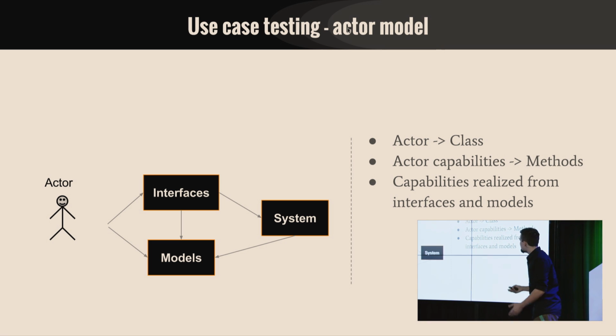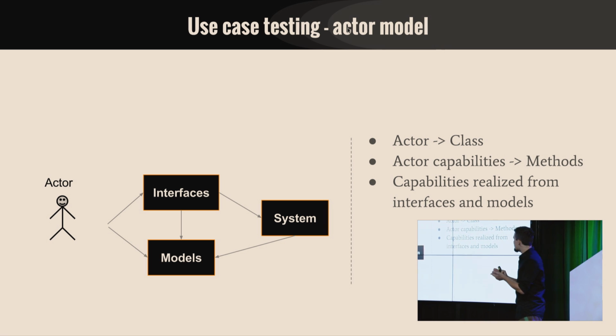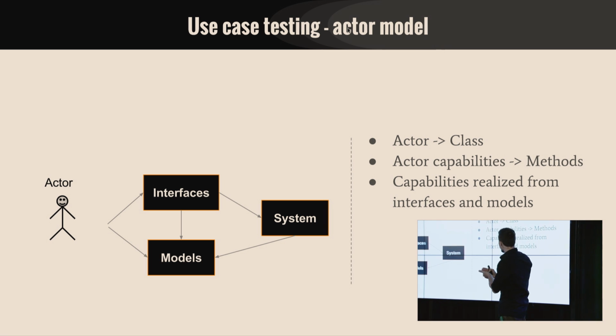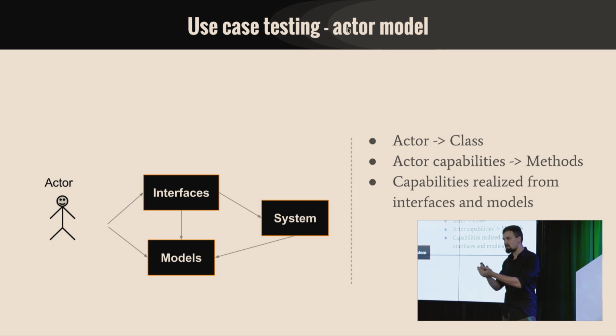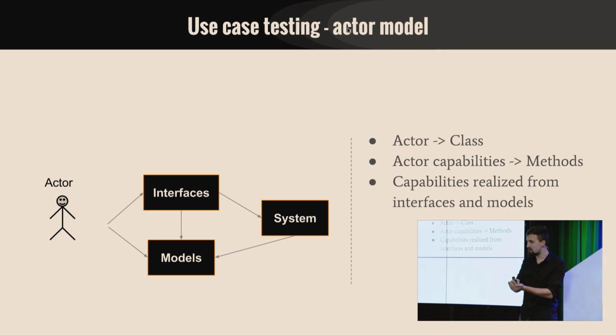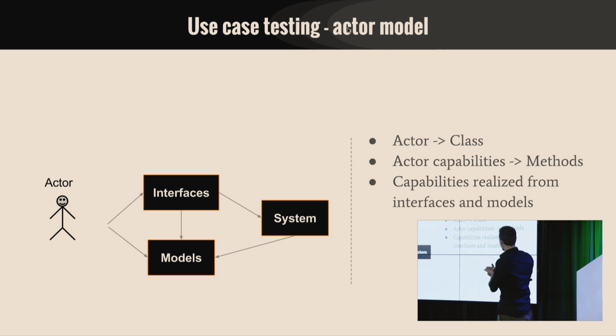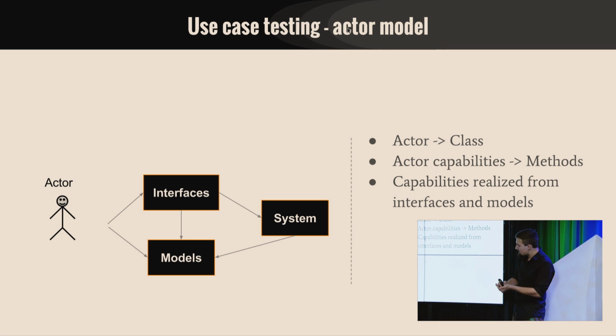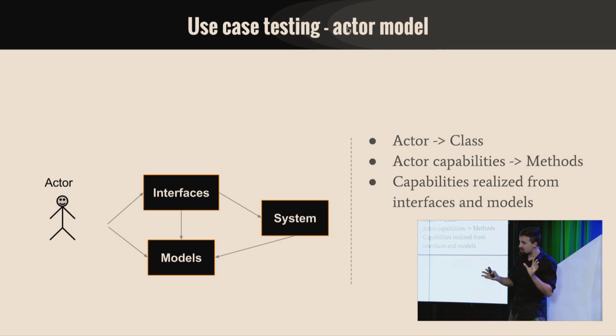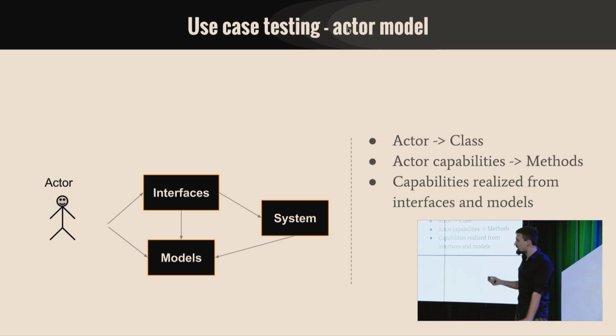Okay. What we did was mapped different actors to classes and then mapped their capabilities. So this is UML capabilities. You need to think UML use case into their methods, into different methods, and then realize the capabilities from interfaces and models. Okay, so what would this look like?